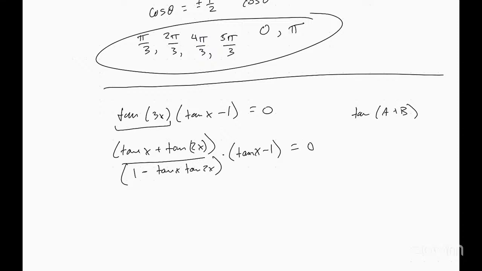Tan 2x equals 2 tan x all over 1 minus tan squared x. The formula I had was tan A plus tan B on the top, and a and b is x and 2x. Oh, okay. Got you.